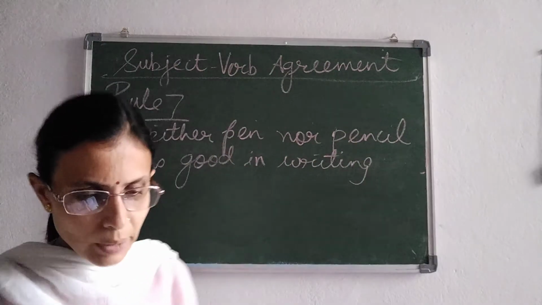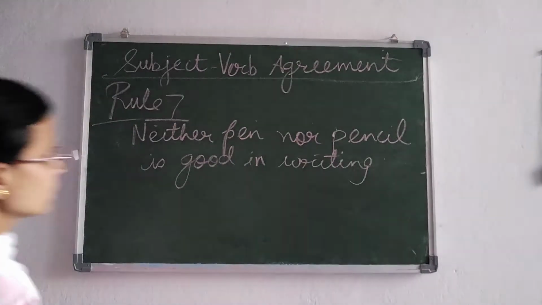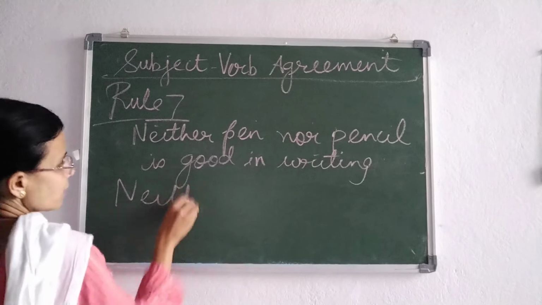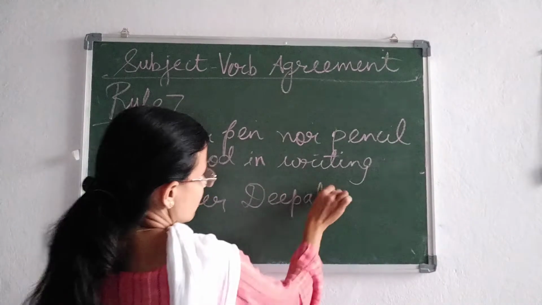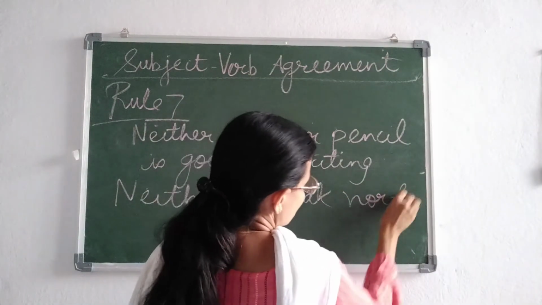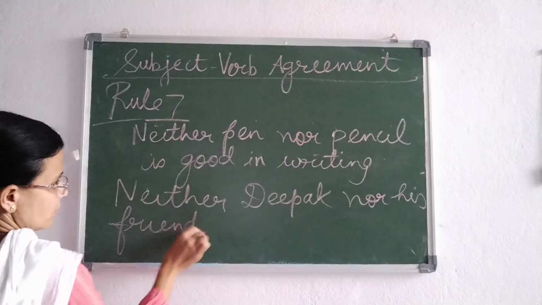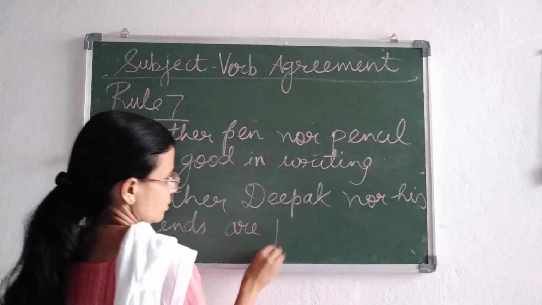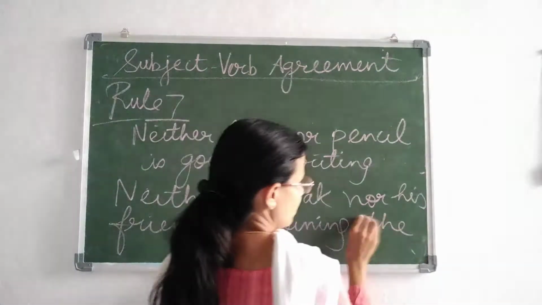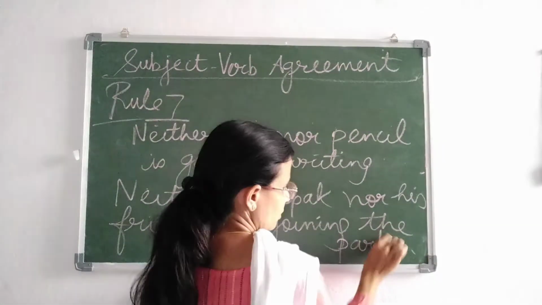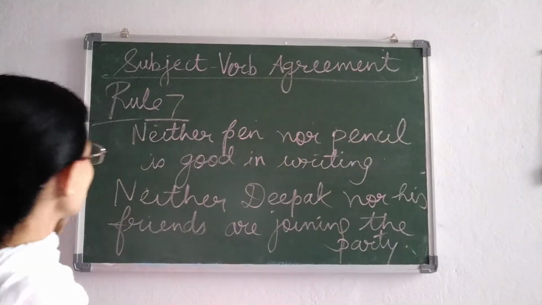And one example I am giving you of this rule: Neither Deepak nor his friends are joining the party. Now, what is the difference between these two sentences?